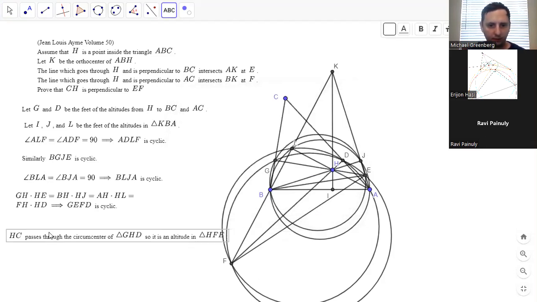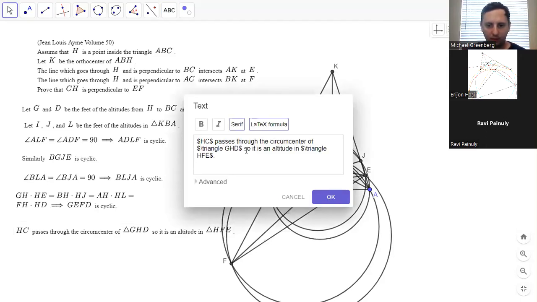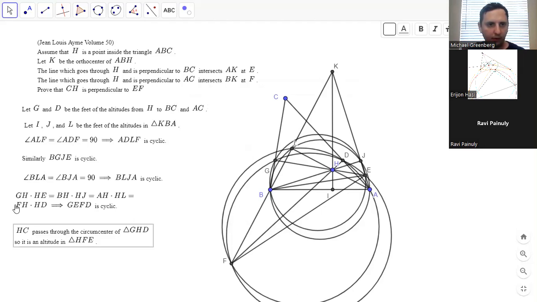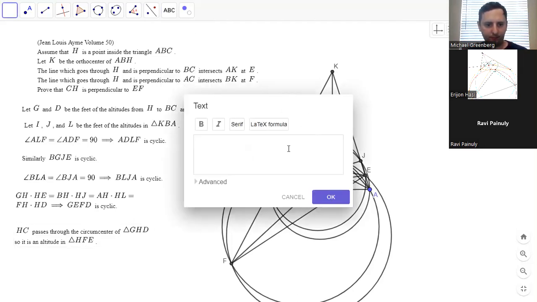All right. So I'll say HGCD is cyclic with diameter CH.